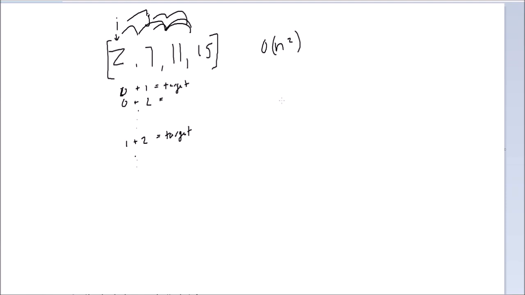So since we're using C++, we can optimize this. C++ offers a map which can come in handy, which can decrease the runtime of this problem. Not substantially, but enough to make a difference.